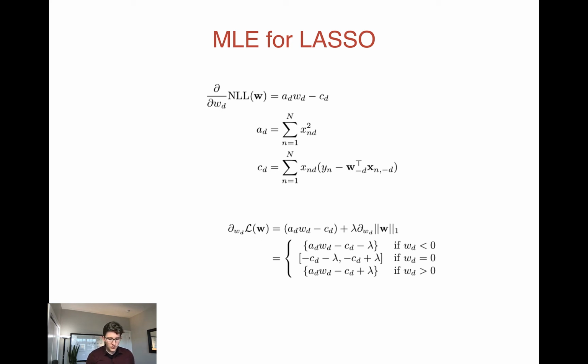Same as before, we're going to end up with that term that we get from our main objective, and then we get an extra term that comes from our prior, which is just lambda times the partial derivative with respect to WD of the L1 norm of W, which is just the derivative of the absolute value of W.